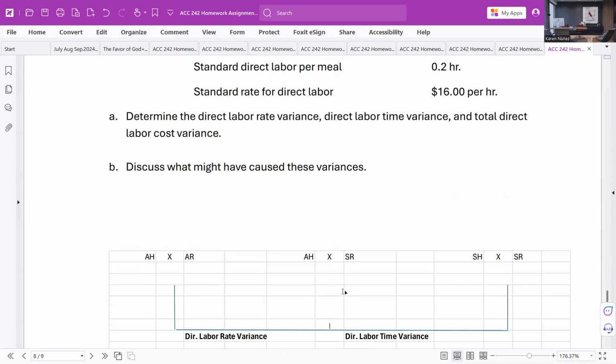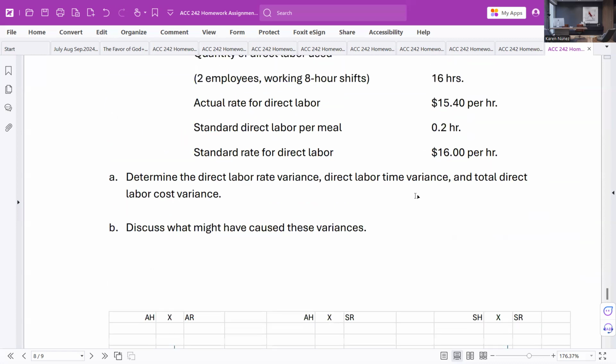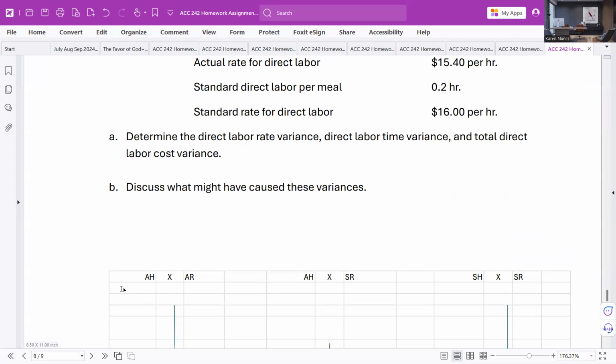So we can calculate, in this case, that rate variance. We know the rate variance is going to be favorable because they got a better deal on the labor, paid them 60 cents less than the standard allows for. So the actual hours, 16, times that 15.40, paid them a little bit less, so that labor only cost them 246.